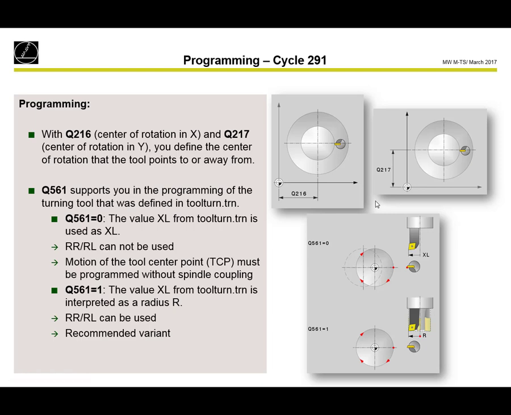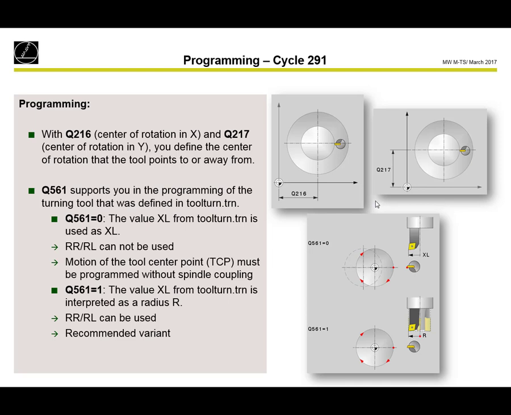And we have a little bit of special Q parameter, the 561. This parameter is only interesting if the tool is defined in the turning tool table, so in the tool turn.trn. Because if you define a tool there, then the control needs to handle the XL value as radius.